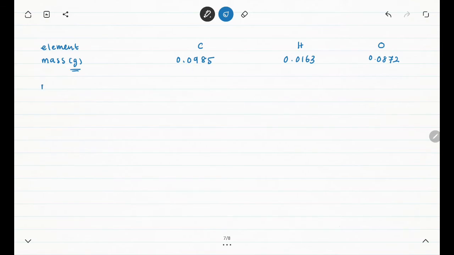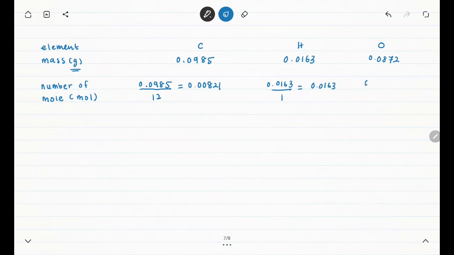So calculate the number of moles of each element, unit in mole. 0.0985 divided by 12, you will get 0.00821. For hydrogen, 0.0163 divided by 1 equals 0.0163. And for oxygen, 0.0872 divided by 16, you will get 0.00545.